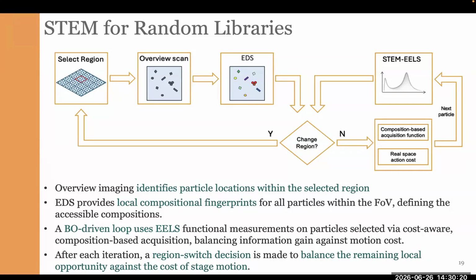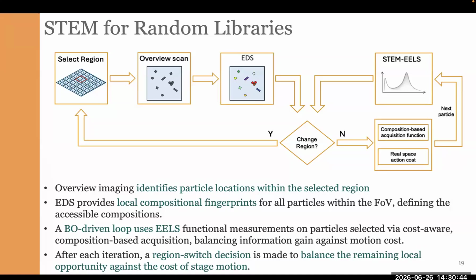After that, you may run your exploration within this field of view with some Bayesian optimization, meaning at each step you need to define what is the best particle to be measured next to find the optimal composition or to just explore compositional space.